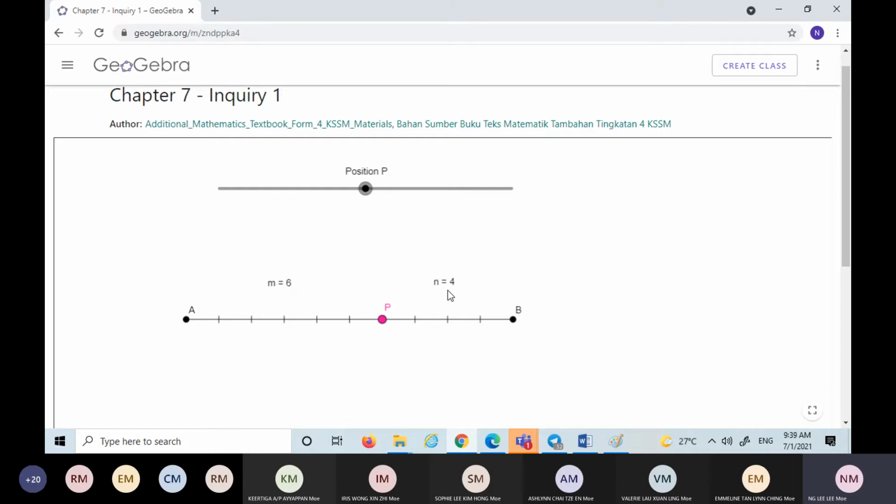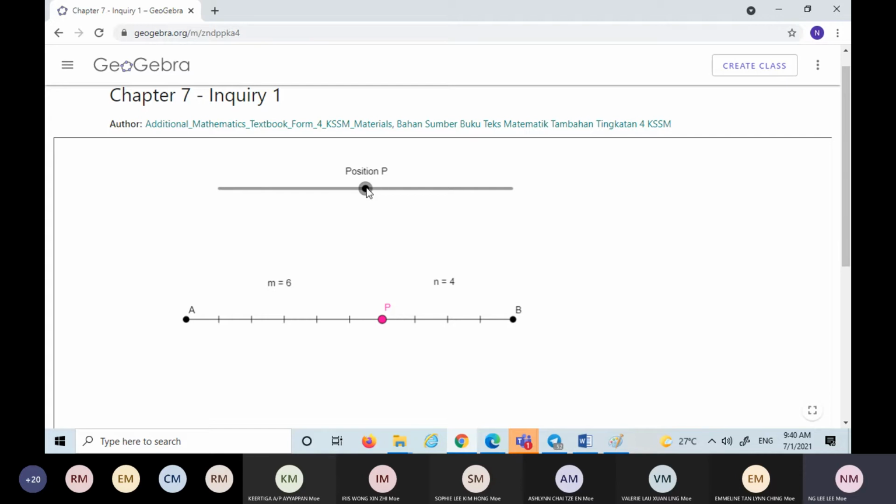Remember, ratio is not the actual length. Ratio just tells you how big this is compared to this, or compared to the whole thing AB. But we don't know the actual length. It means if the m here is 6, it does not mean AP is equal to 6 units or 6 centimeters or 6 meters. You have to be careful.